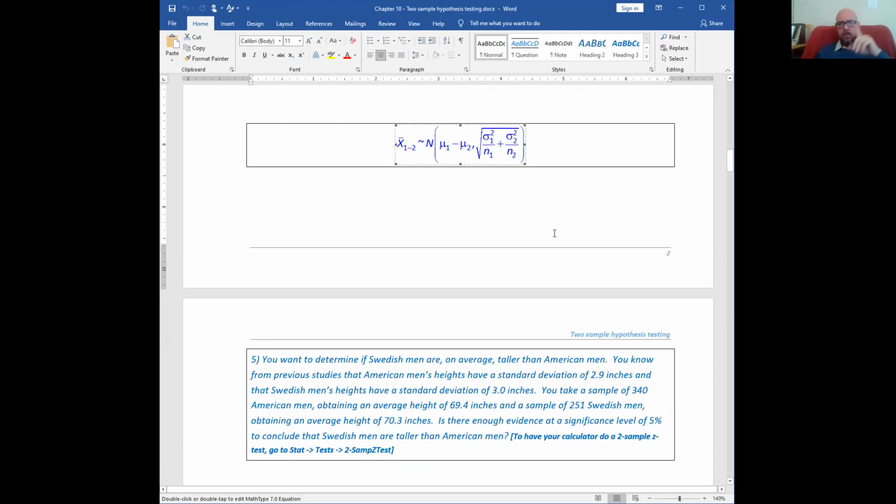A couple things. One, this requires us knowing sigma 1 and sigma 2, which of course is not normally going to be the case. But let's go ahead and do a hypothesis test, assuming that we know sigma 1 and sigma 2, as a practice, as a warm-up, and then we'll talk about how to get around that, which is going to be a t-test, just like it was with one sample.